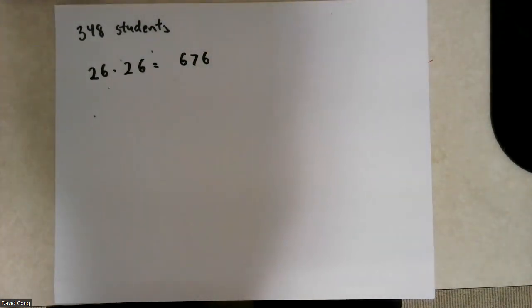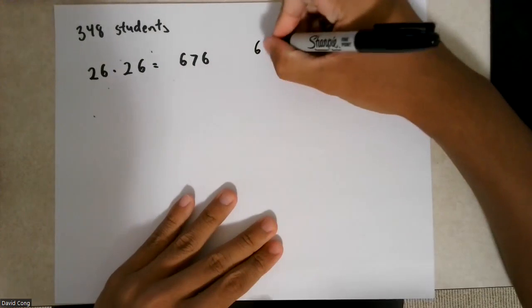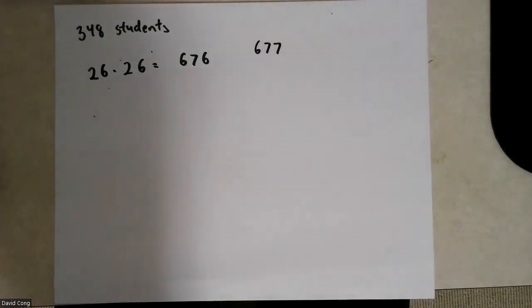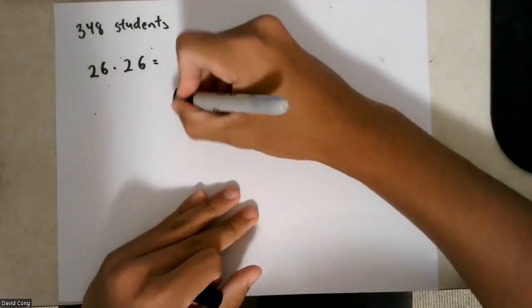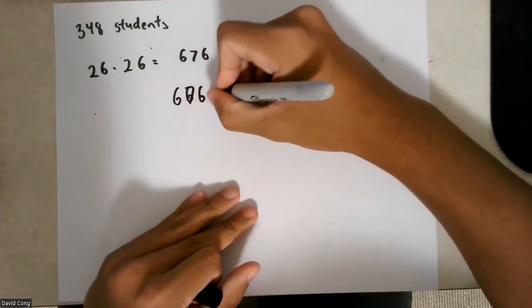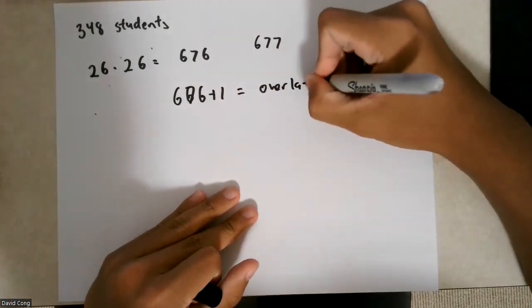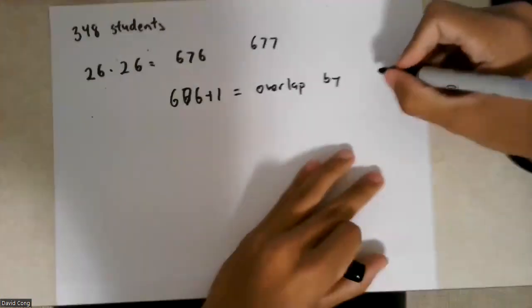And what do we know? For every pigeonhole to be full and for 1 repeat to be guaranteed, we need 677 students. So how many students do we have? So let's just write this out.